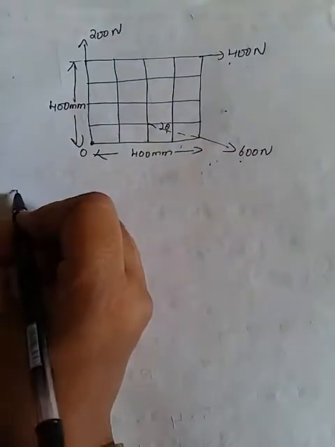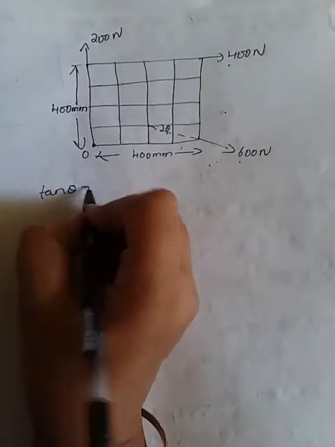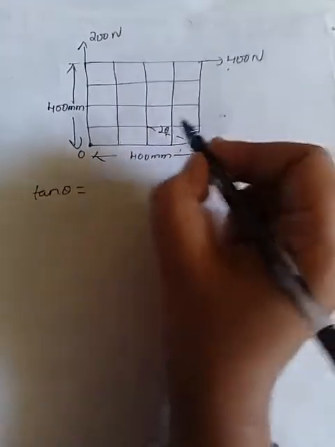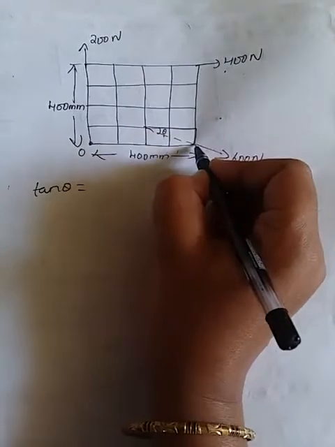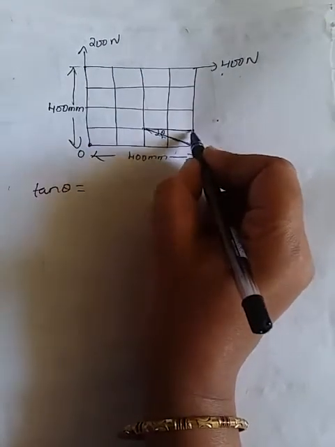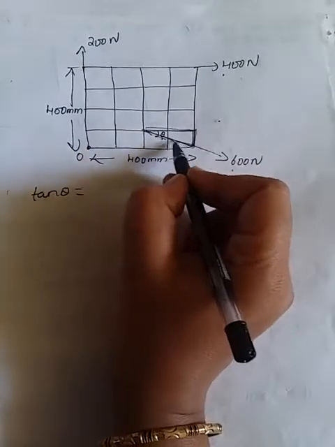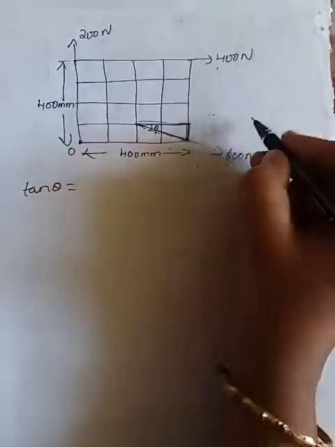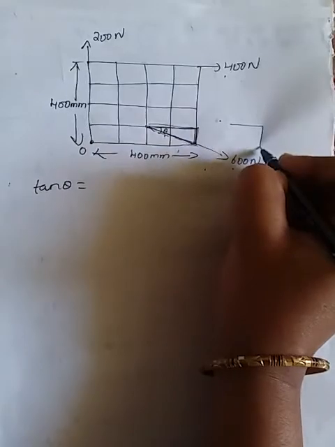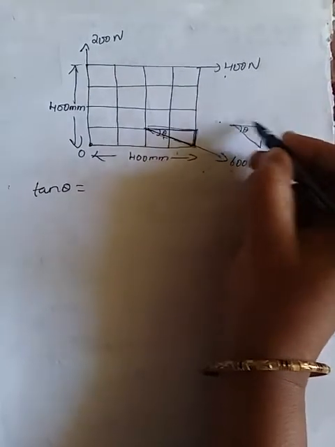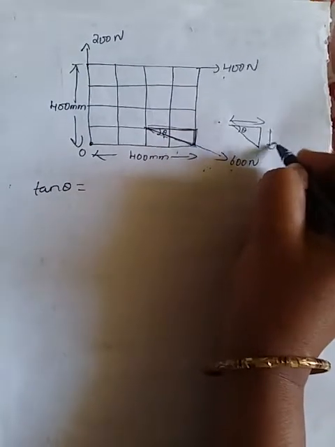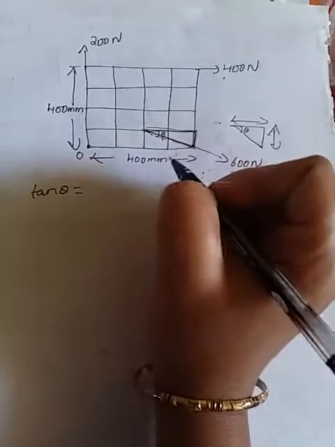So let us find the theta value. I am going to take tan theta equals, and I am going to highlight this triangle. If you look at this triangle portion, this force is passing through two grids. So if you take this outside like this, theta is here. What are the adjacent and opposite distances?